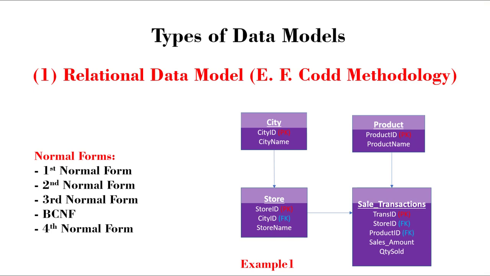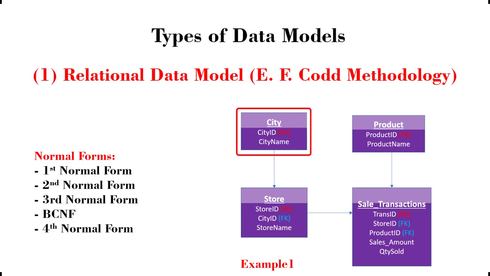Once normalization has been applied to our model, we tend to have separate and independent entities which are being linked to each other. For instance, the city entity or city table is an independent entity, and it's being linked to the store entity using the primary and foreign key concept. What I mean by separate and independent entities is that each entity or table should contain attributes that pertain to that particular entity.